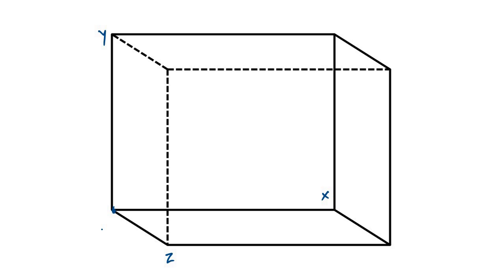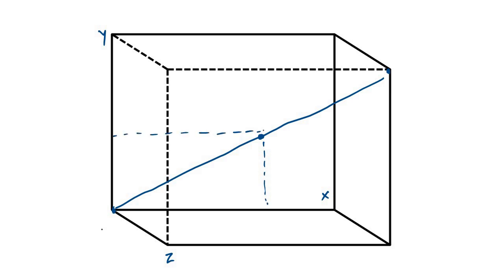Let's say motion happened from this corner to this corner, I mean anywhere in between this line joining. Let's say the point is here. So here the x coordinate is changing, the y coordinate is changing, and also the z coordinate is changing.